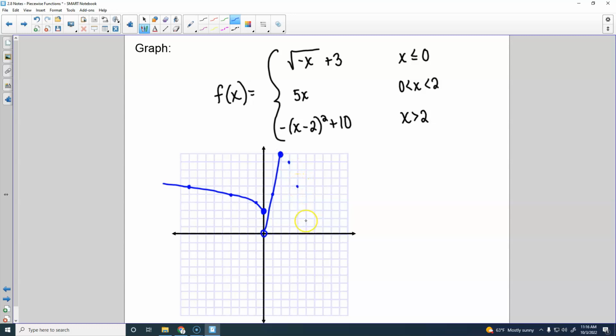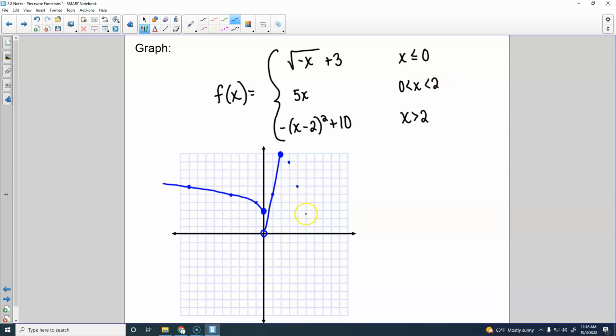You can't square root a negative, right, but you're only using this for x less than or equal to 0. So you're only plugging in negative numbers, really. So if you plug in negative 4, it'll be positive 4, so correct.